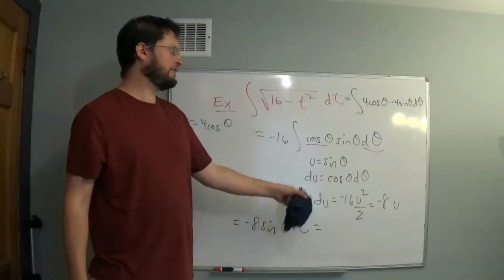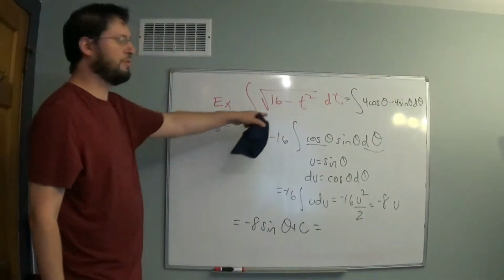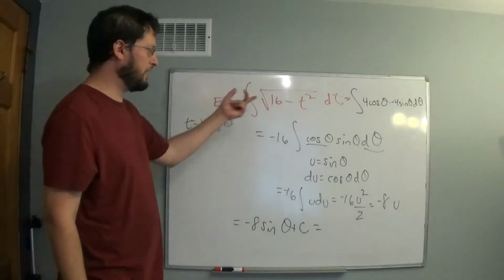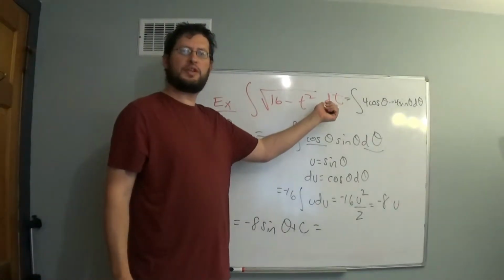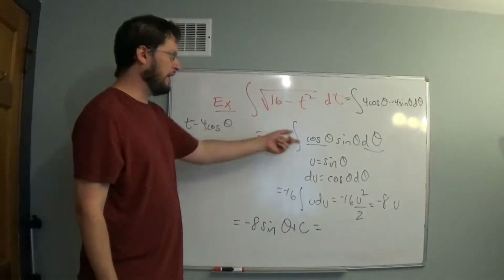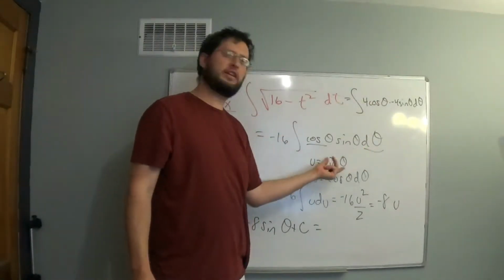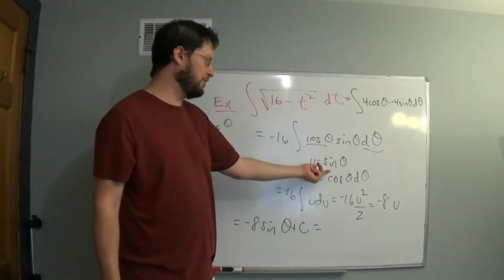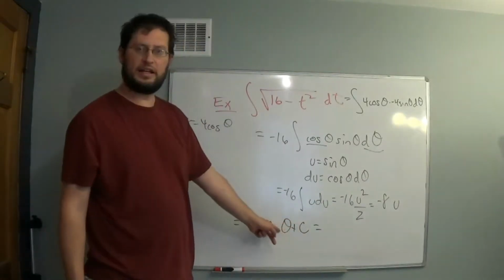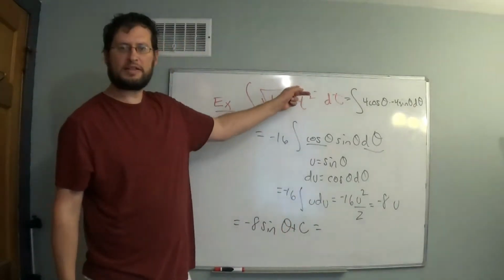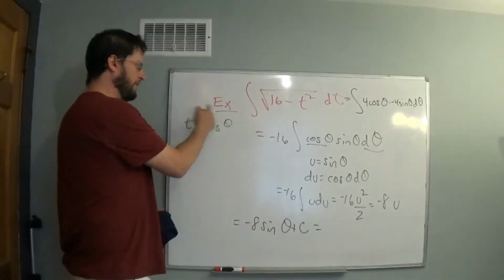But we need to return it to t, our original variable. So this one is a weird kind of process where we had to first use a trig substitution, and then as part of the trig substitution we needed to use a u substitution. So we ended up with u, which we convert back to theta, but we're not done because we need to convert it back to t. And that's why we saved this one.